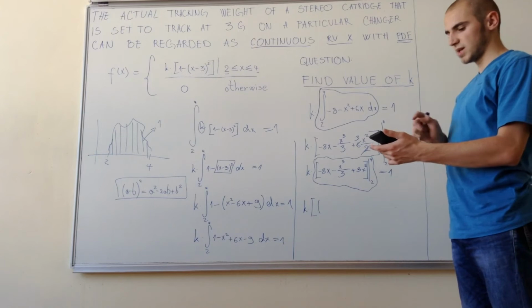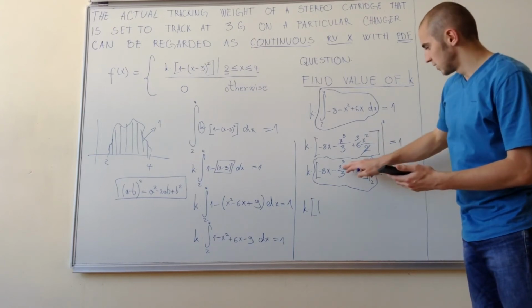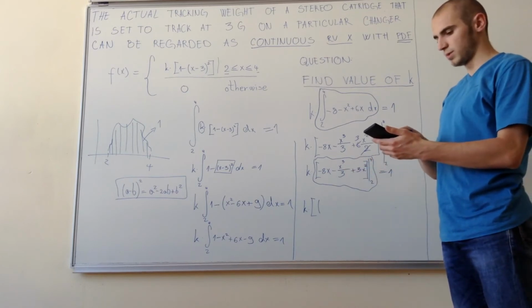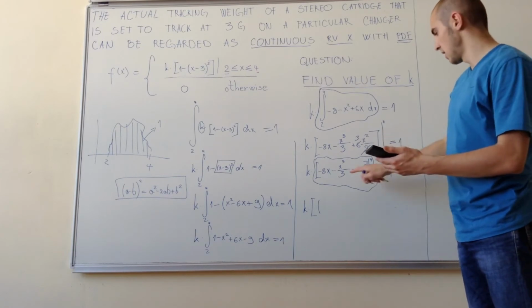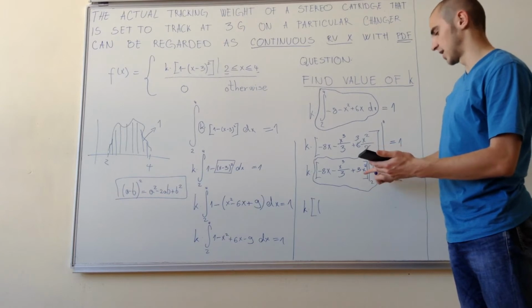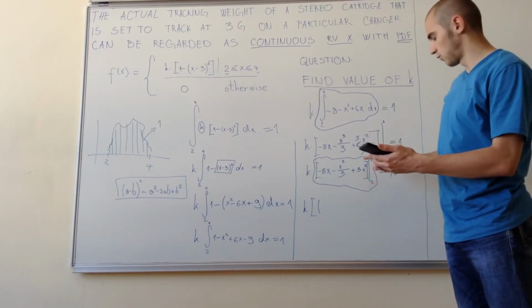So it will be minus 8 times 4 minus, so again instead of x we write 4, so it will be 4 cubed divided by 3, and then plus 3 times x squared. Again instead of x we write 4, so it will be 3 times 4 squared.